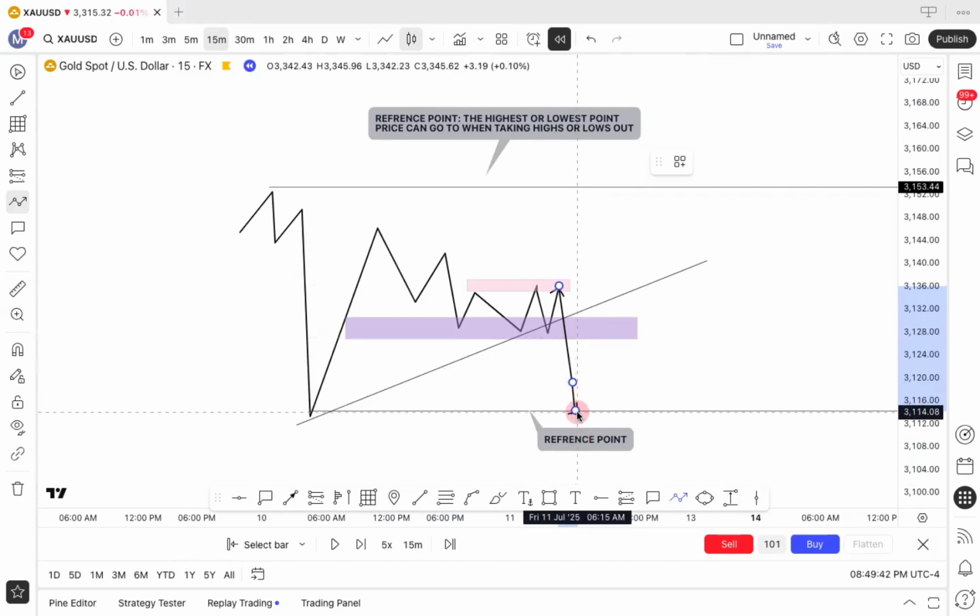Or we might see a little bit of body, but we definitely see more wick, and then it reverses. If you can understand the difference between a non-breaking structure and a breaking structure, it is so powerful because you can use this for reference points, to get into the market, and to spot fake outs.